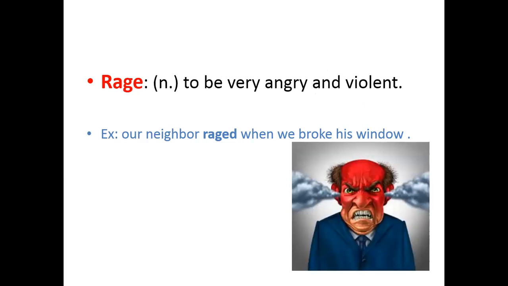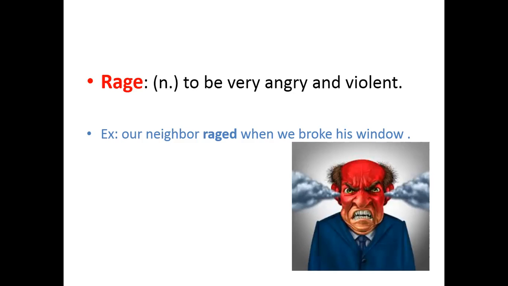Next one we have is rage. Rage could be a verb or a noun, which means very angry. For example, our neighbor raged when we broke his window. Here rage is a verb. He was very angry.